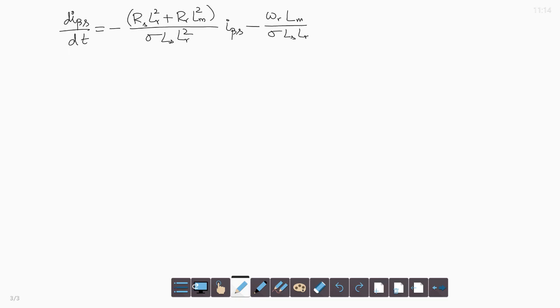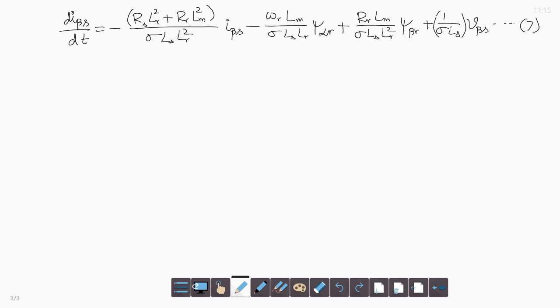This is the speed EMF term due to psi alpha R. Then plus RR Lm divided by sigma Ls Lr square into psi beta R plus 1 by sigma Ls into V beta S. Let us number, this is equation number 7.